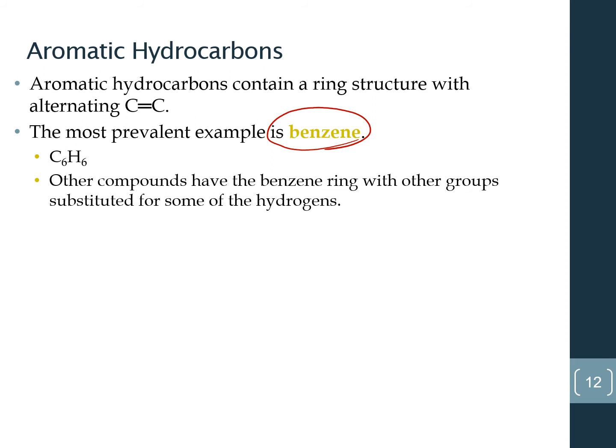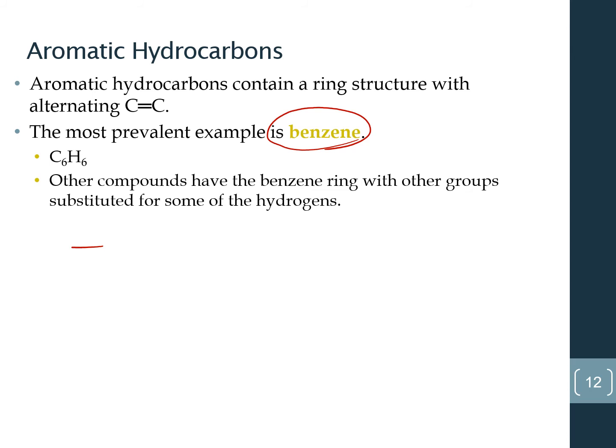Benzene is just a cyclic hydrocarbon, which means that you have a ring containing 6 carbons and alternating double bonds between the carbons. So I'm going to make the drawing because you're going to see a lot of benzenes in your organic chemistry.